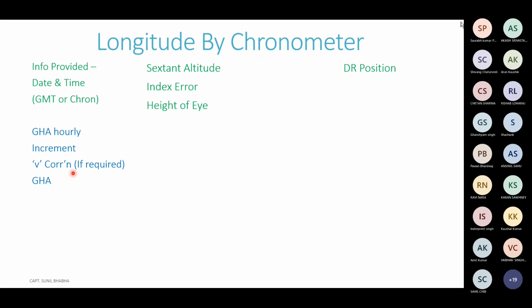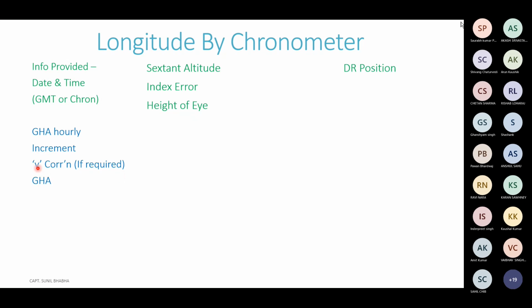So we can get the value of hourly V correction from the daily page, and we can get the increment from the increment table under that particular minute for which the GMT is given. So the V correction increment is also picked up if required for that particular celestial body.